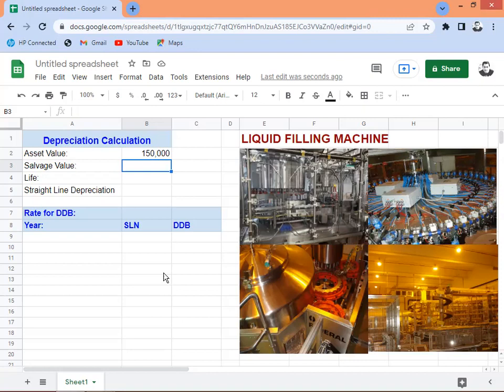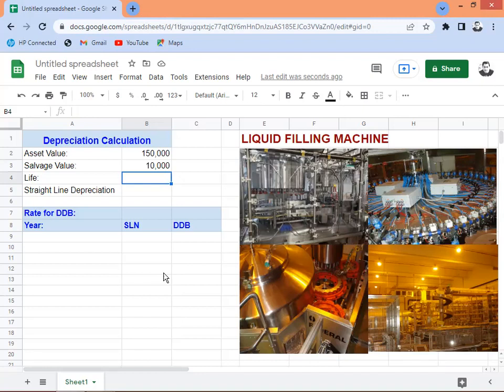Let's just say $10,000. The company that buys it as a second-hand machine may refurbish it or do some repairs, and then the machine will go back to operational condition. So the salvage value would be $10,000.